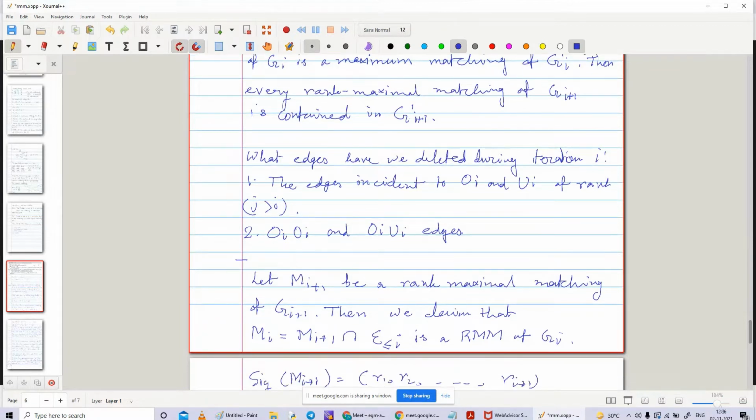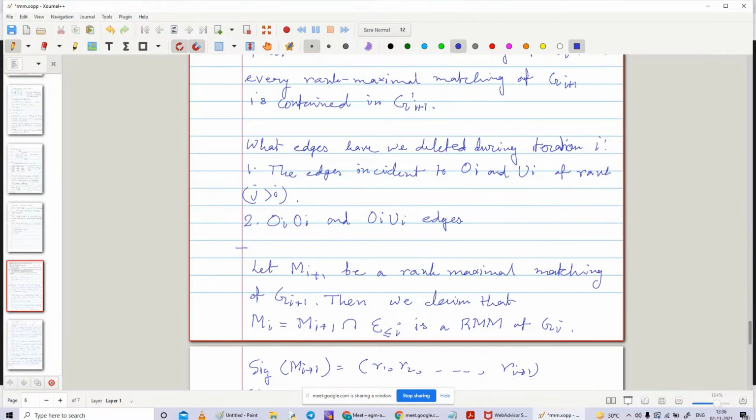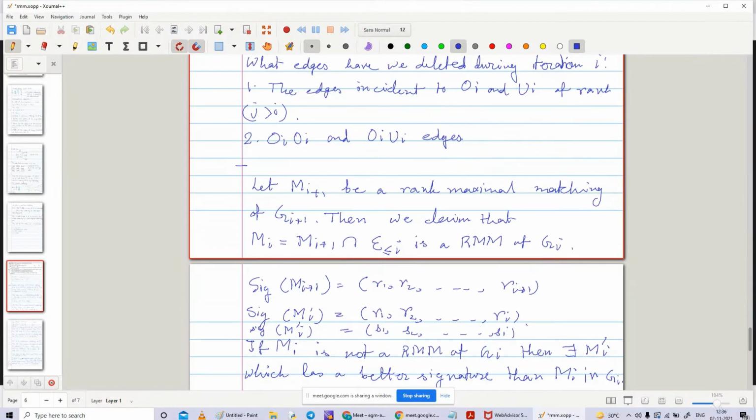Okay, so how do we prove that? We start with a rank maximal matching M_{i+1} of G_{i+1}. Then we define M_i, which is M_{i+1} intersection all the edges of rank less than or equal to i. That means we are removing all the edges of rank i+1 from the matching M_{i+1} and denoting it as M_i.